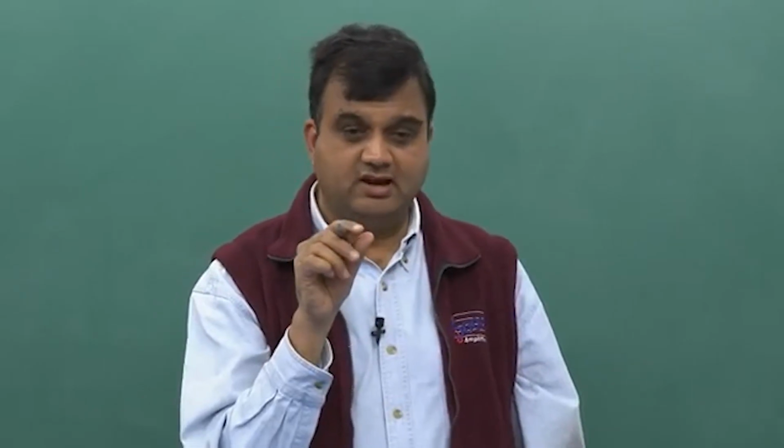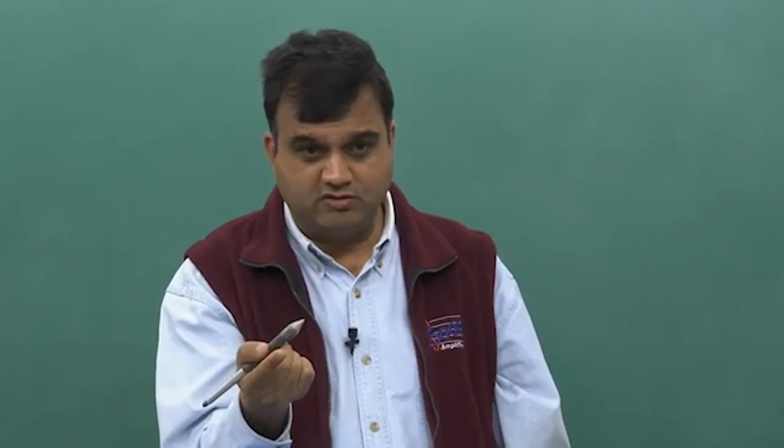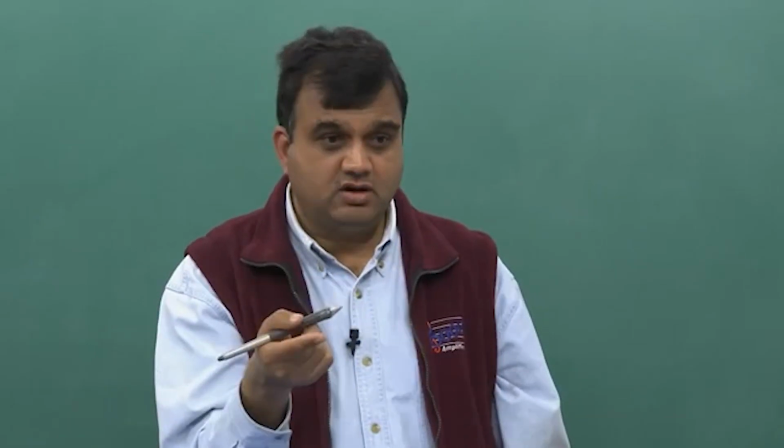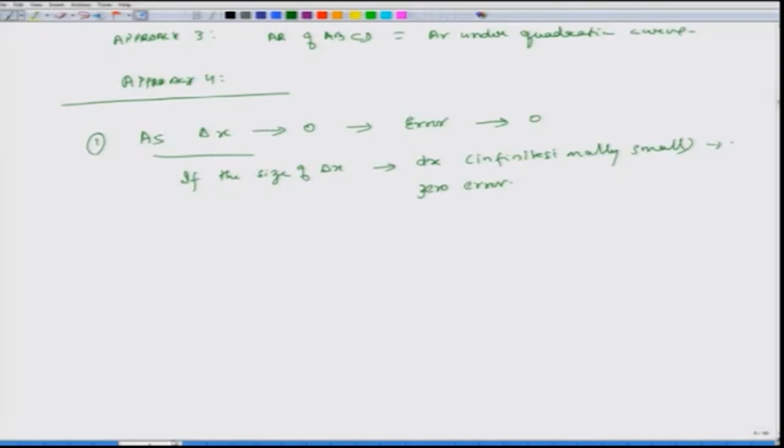If the size of the element goes to 0, I have to do that computation an infinite number of times, which is physically not possible. So, what I do is reduce the size to a significantly small number, but it is still not infinitesimally small.